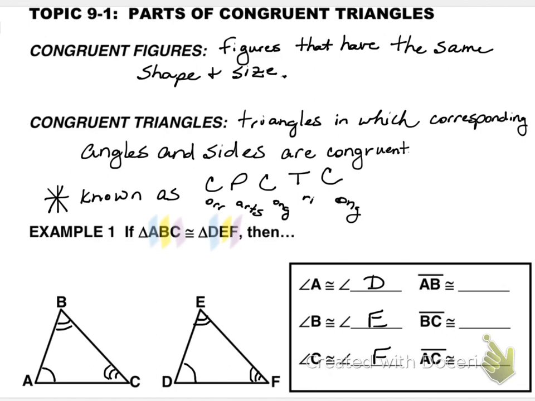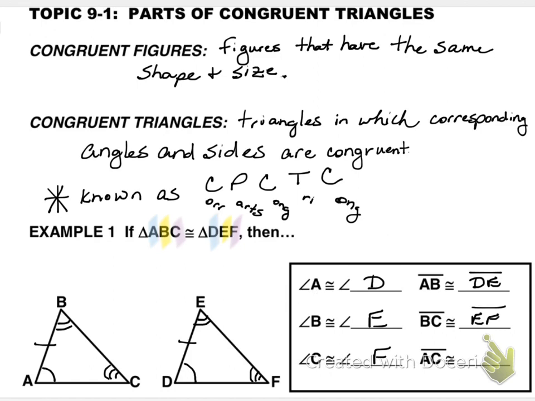So now let's look at the sides. Side AB, we'll mark with 1 hash mark, would be corresponding to side DE. That would be the corresponding part that is congruent. Side BC would be corresponding to EF, so that would be congruent.